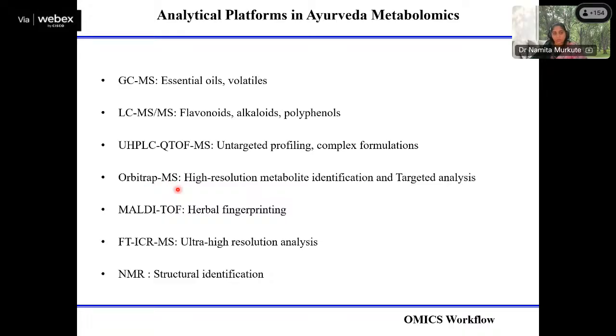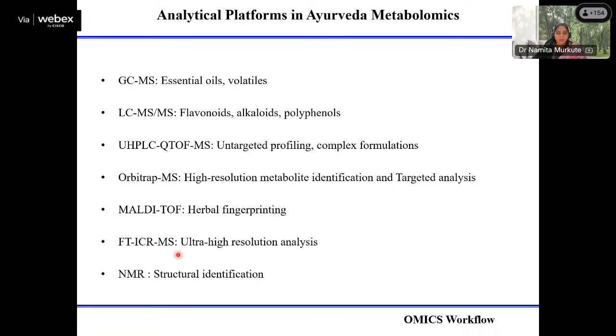So you can get very high resolution, highly sensitive and highly specific results from this. You can use it for both untargeted and targeted work. And MALDI-TOF is used for herbal fingerprinting only.